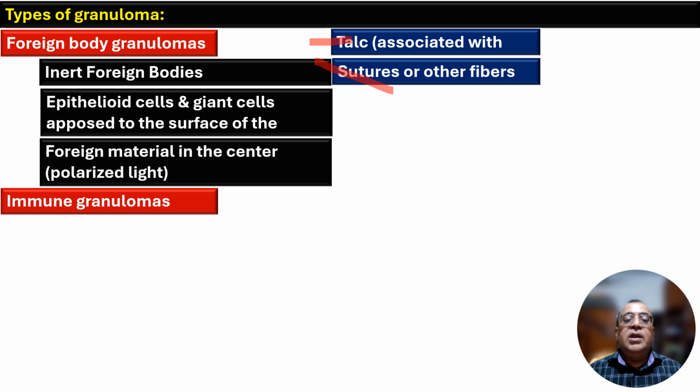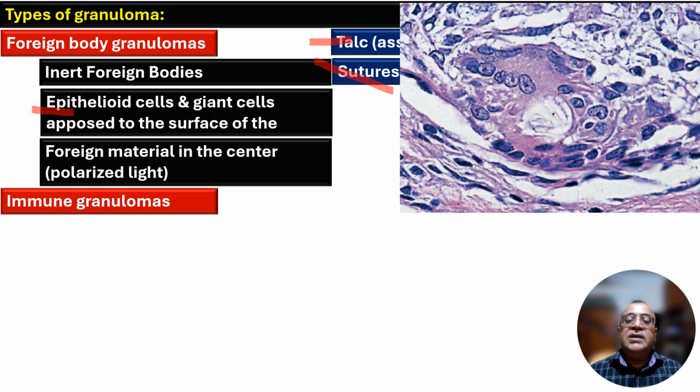The epithelioid cells and giant cells opposed to the surface of the foreign body are seen, and there can be foreign material in the center that can be seen with the help of polarized light. So all these epithelioid cells are surrounding the foreign particle lying there.